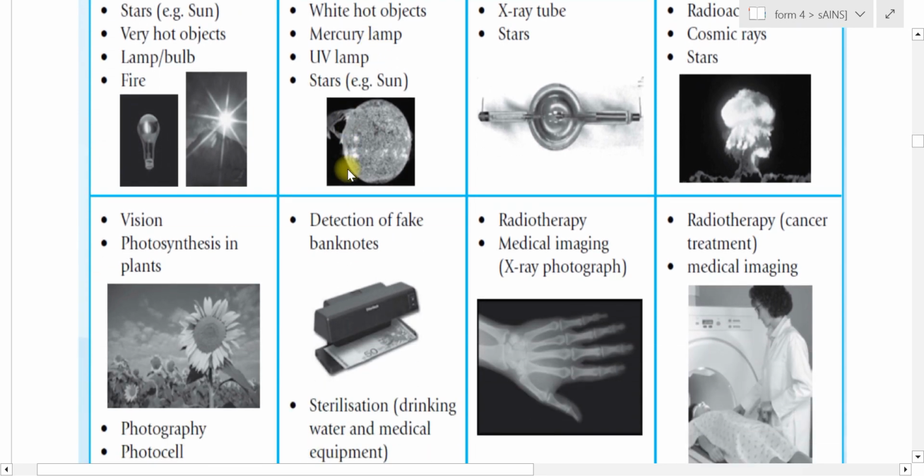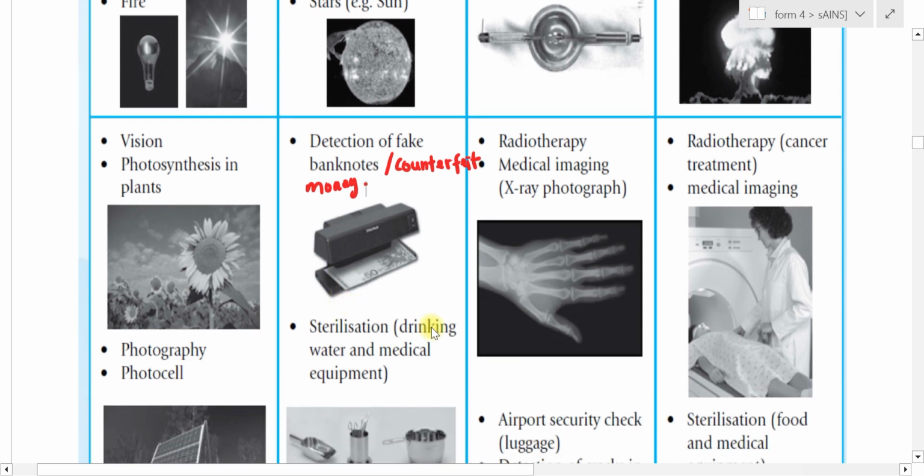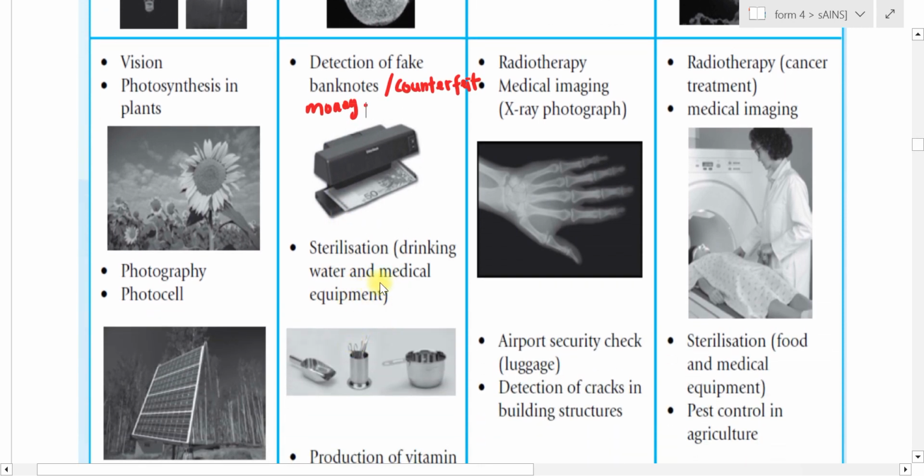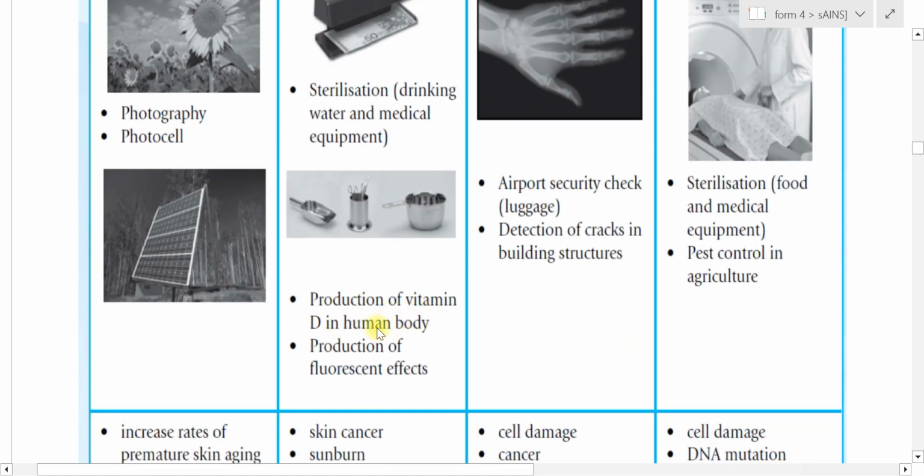Okay. The main thing, ultraviolet, detection of the fake banknote atau kita panggil counterfeit money, duit palsu. Okay. Sterilization, drinking water and medical equipment, kita guna UV ray. Alright. Lepas tu, production of vitamin D in human body, production of fluorescent effect.